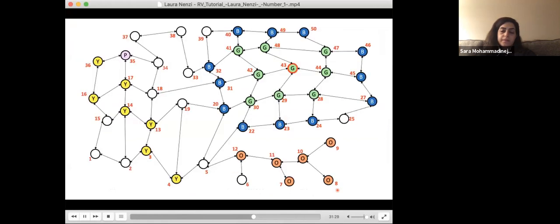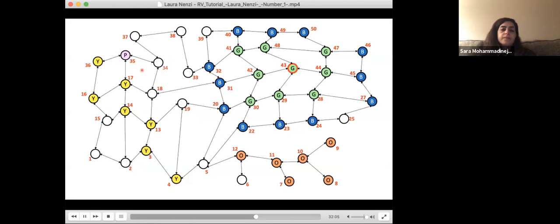To describe the spatial operators, let's consider a simple graph, as you can see here in the slide, where the color in the node corresponds to an atomic proposition that is satisfied by that node. This means that since we focus only on spatial operators, we consider colors as atomic propositions.